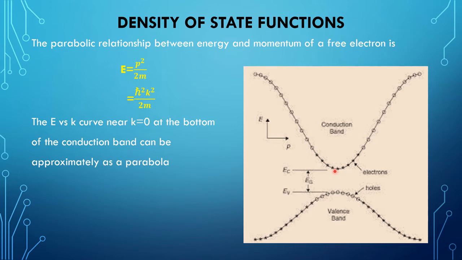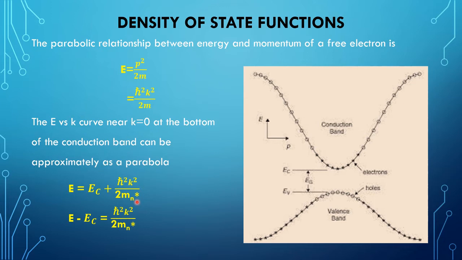So, how can we write this parabolic equation? That is E equal to EC plus h cut square k square by 2 mn star, where EC is the bottom edge of the conduction band, and mn star is the electron effective mass.